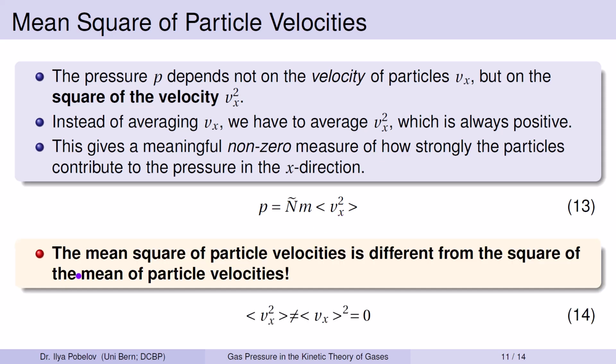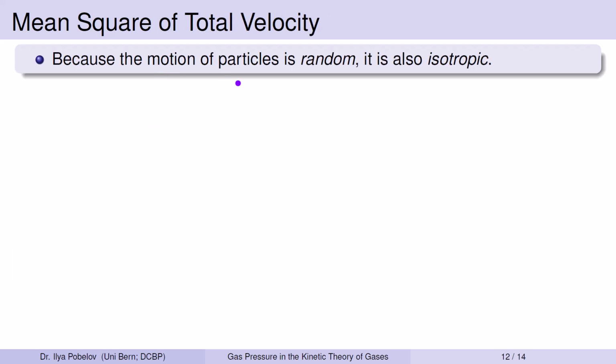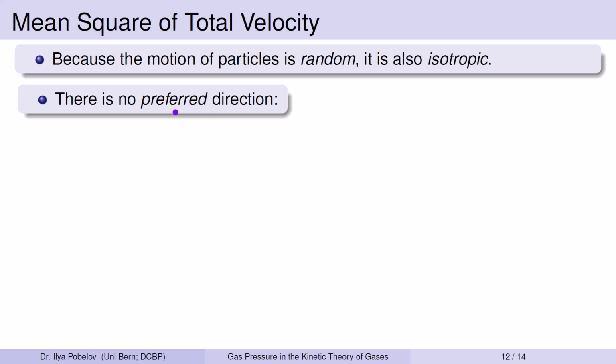I would like to stress an important distinction between the mean square of particle velocities and the square of the mean particle velocities, which is 0. Now, because the motion of particles is random, it is also isotropic, meaning that there is no preferred direction. Thus, the mean values of Vx squared, Vy squared, and Vz squared are all equal.